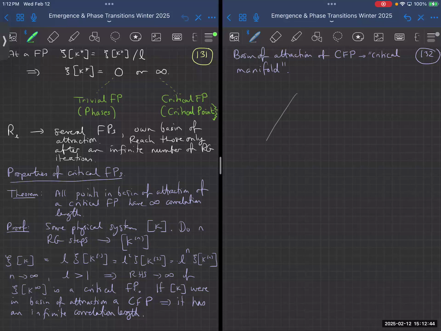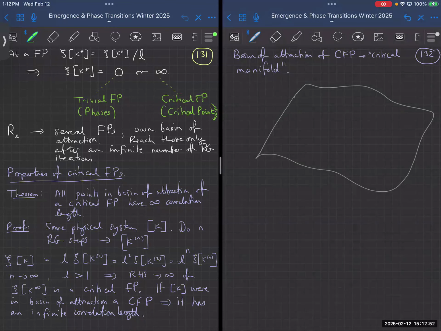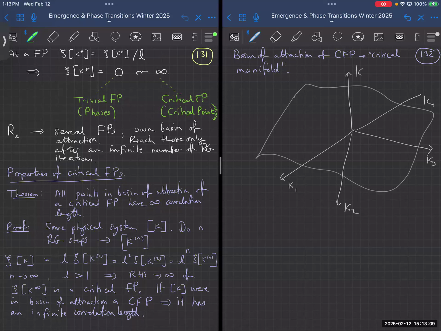And of course, I'm going to draw it terribly badly. So there's my critical manifold, and this is a manifold in my space, which is this sort of multi-dimensional, in principle infinite dimensional space. So here are the coupling constant directions K1, K2, K3, K4, K568, and so on and so forth. So that's my space.